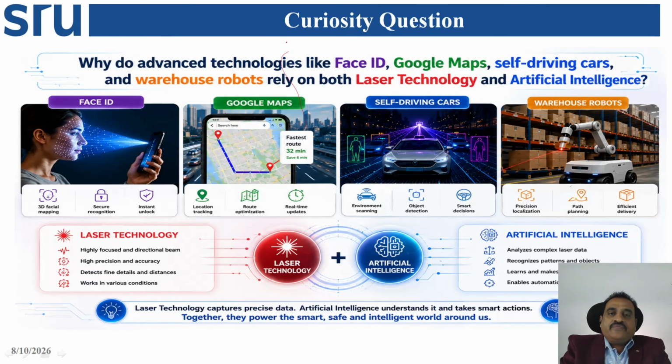Here, try to understand this curiosity question. Whenever we talk about lasers, one question naturally comes to our mind: how exactly is laser light produced? To answer that question, we need to understand how atoms interact with light. An atom can absorb energy and move to a higher energy state.